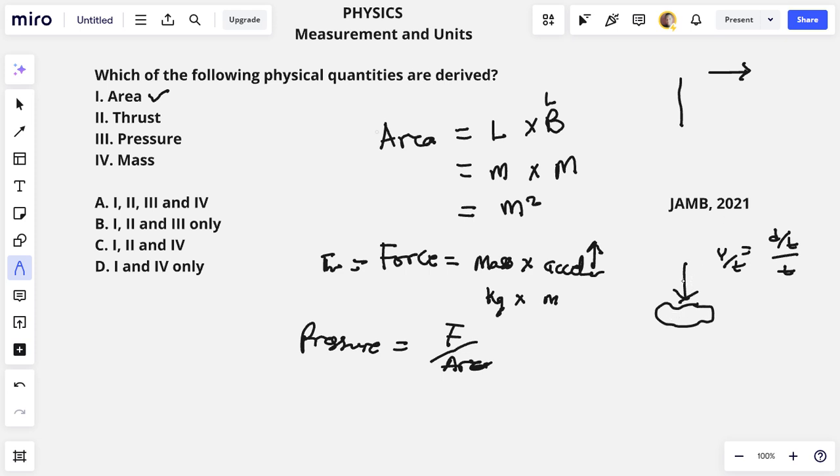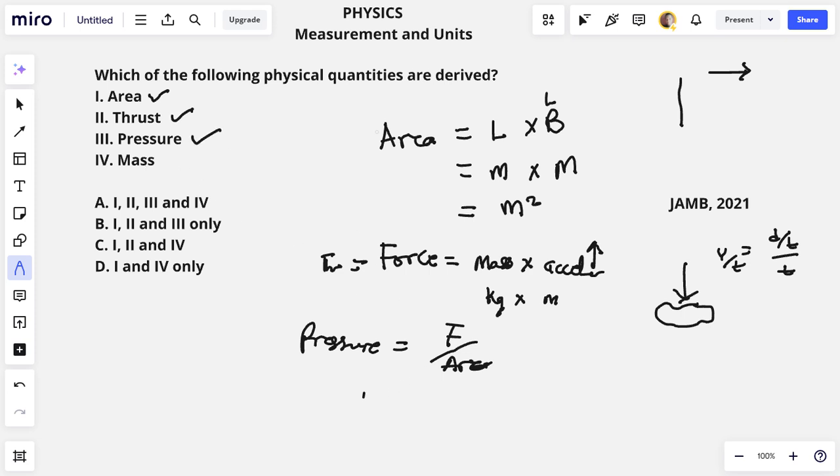The larger the force on a smaller area, the more the pressure. So anytime you split a physical quantity, or you define a physical quantity and force is part of the definition, forget it, that quantity is a derived unit. Force itself is a derived unit. So once you open it up and see force in it, it is a derived unit. Pressure is a derived unit.